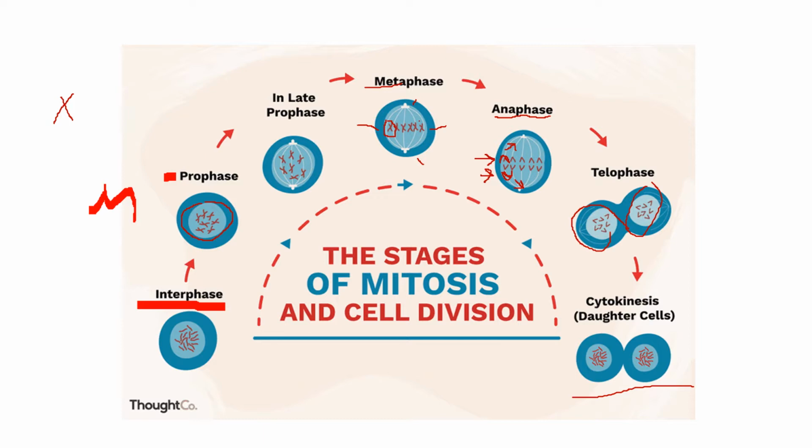In fact, all of the cells in our body have the exact same genetic information. The genetic information in my stomach cells is the exact same as in my brain cells.